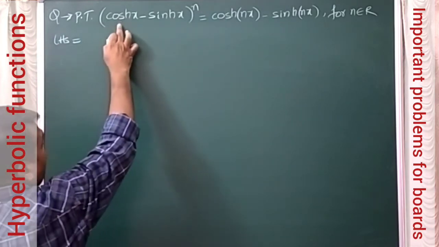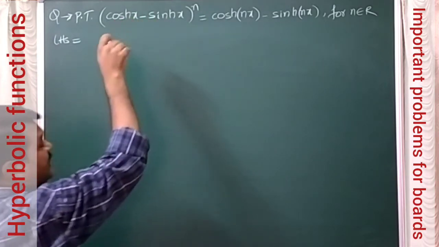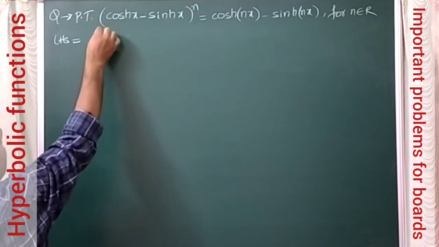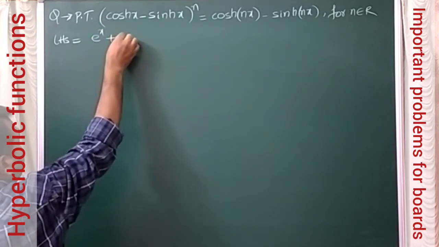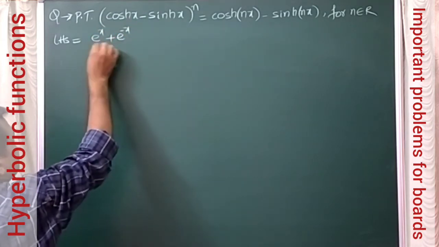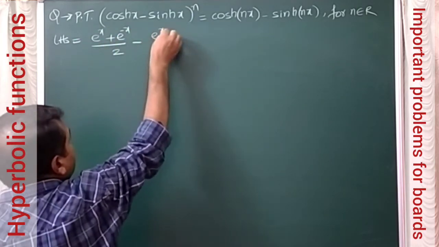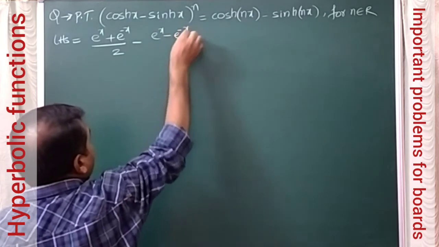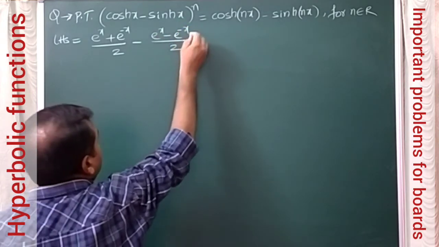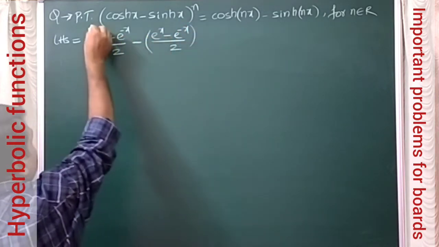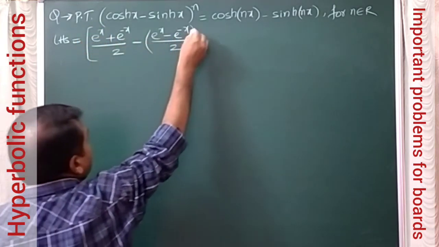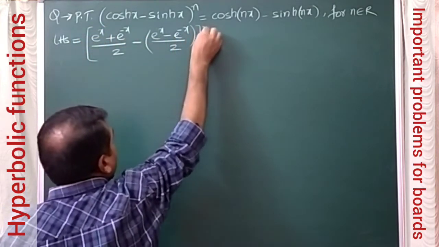So cos hx, sin hx formulas I will write. So cos hx is (e power x plus e power minus x) by 2. Sin hx is (e power x minus e power minus x) by 2. So (cos hx minus sin hx) whole power n.